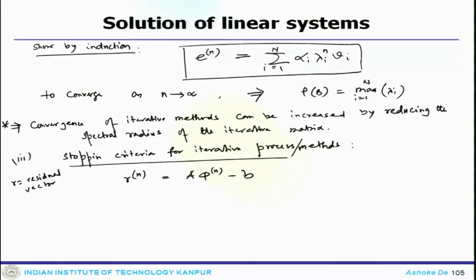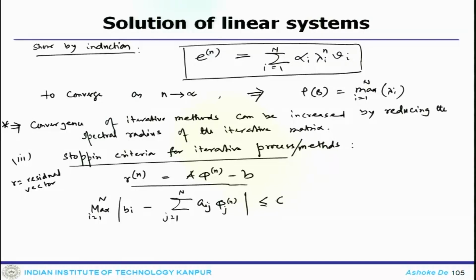So, one criterion is to find the maximum residual in the domain and to require its value to become less than some threshold or user defined small value epsilon. So, for example, one can do it like this: the maximum over i from 1 to n of b i minus the summation of j equals 1 to n a i j phi j, which is less than epsilon.